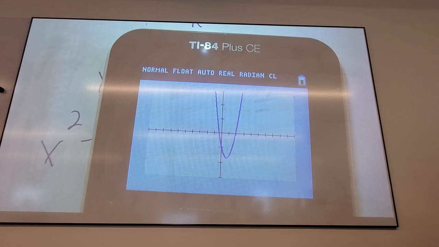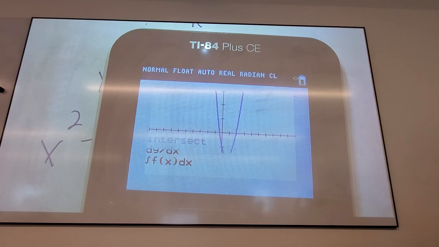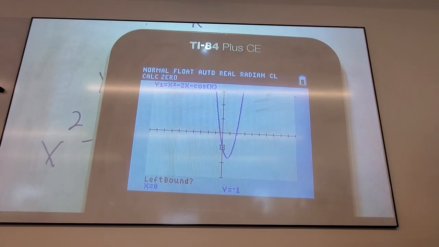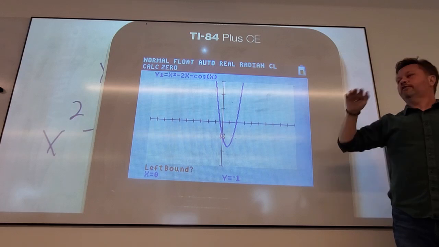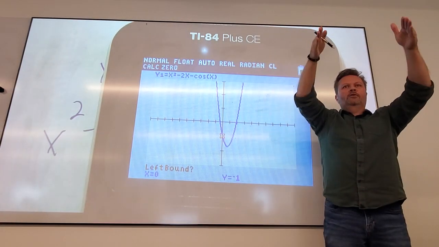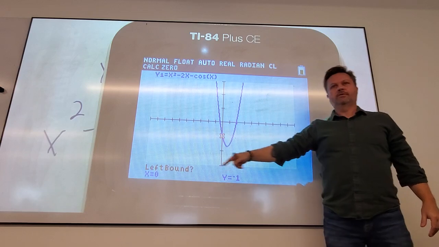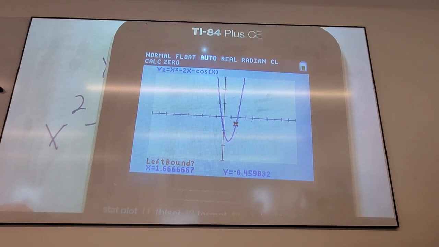So now what am I going to do if I want to find this? Second calc, I want to find the zero. Now here's where things get really interesting. It doesn't ask for second curve, first curve, because now I've just got one curve. It wants to know where to search. What's the left bound? What I normally tell students is put your cursor on the answer, hit the left button like 3 times.